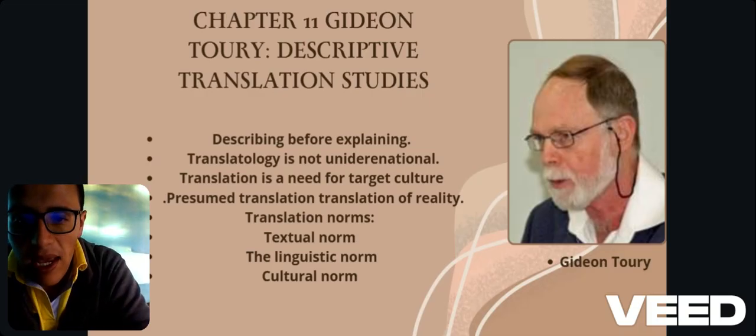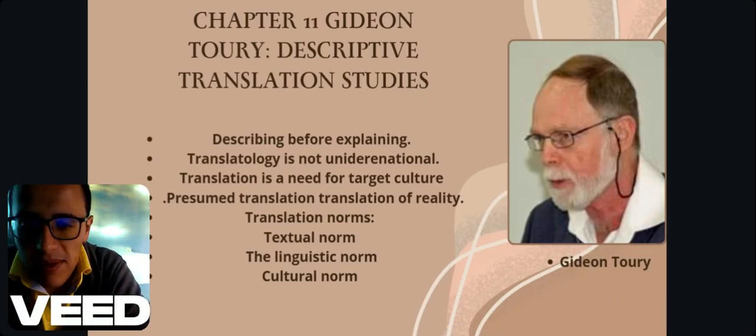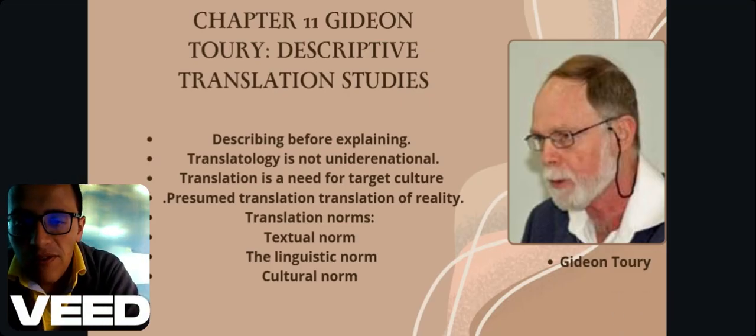Toury introduces translation norms. He classifies the following norms. The first one is the textual norm, which is related to the source in both the original language and the target language.